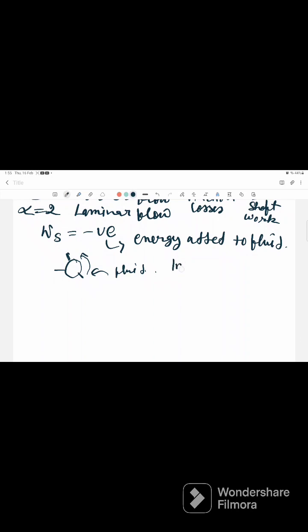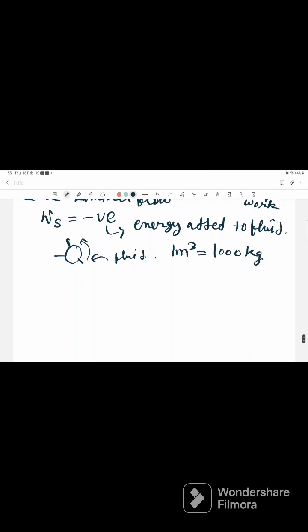One important thing: 1 meter cube is defined as 1000 kilo.